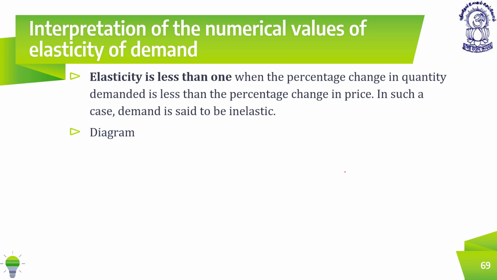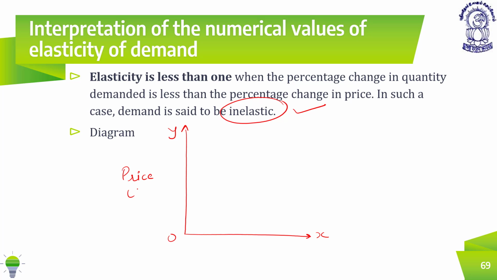Let's go to the next one, and that is elasticity of demand less than 1. Inelastic demand, less than 1. X origin, Y. Price in terms of rupees, and over here quantity demanded in terms of units. Supposing the price of the product is 100. At this price we are demanding 1000 units.